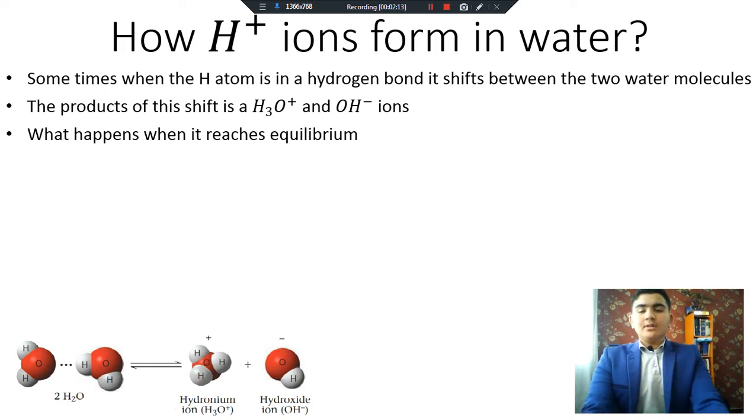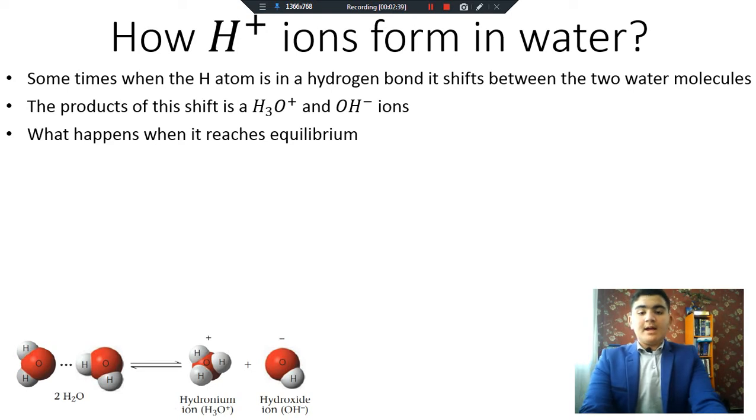At the equilibrium point, only 1 out of 554 million molecules of water dissociates. So this dissociation is very rare, and it is reversible, but it is very important for the chemistry of life.